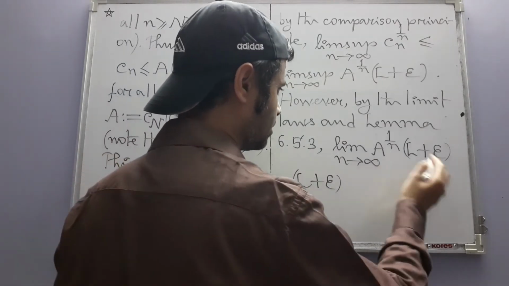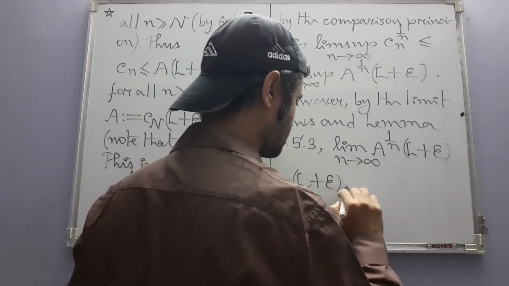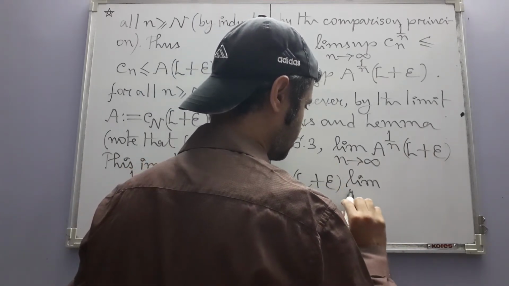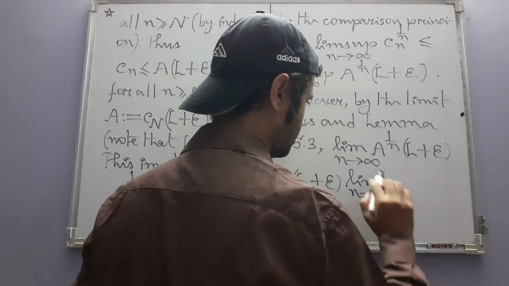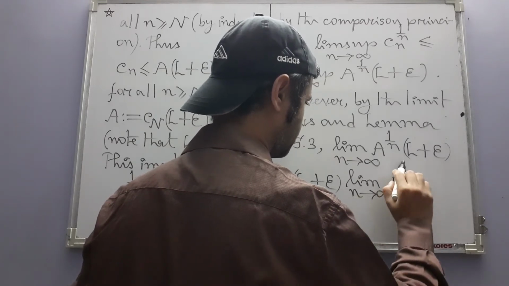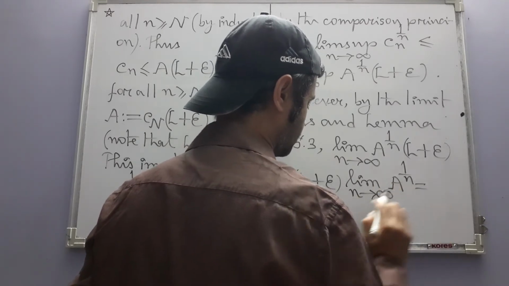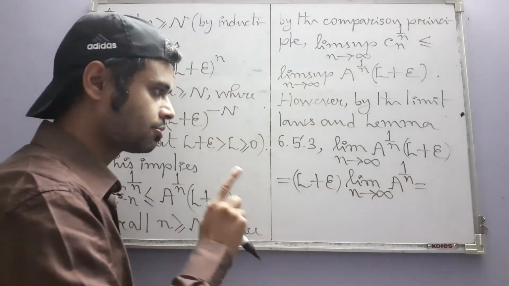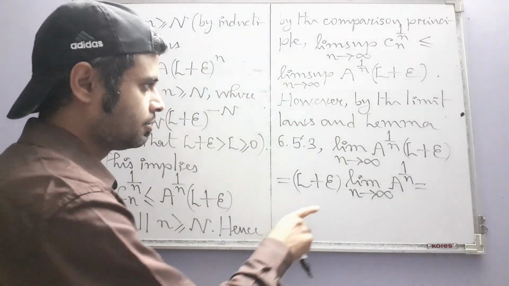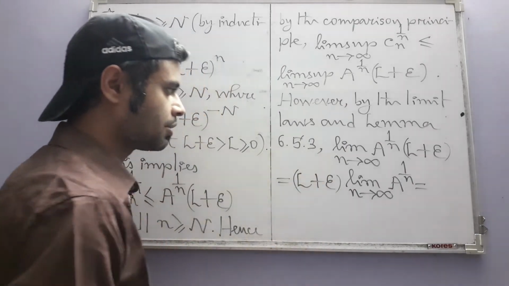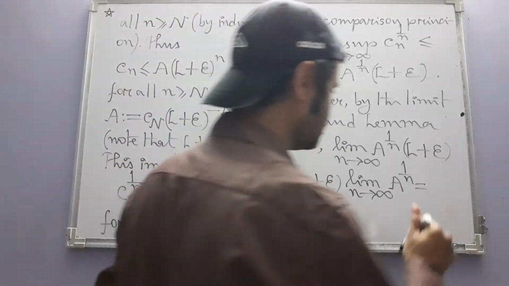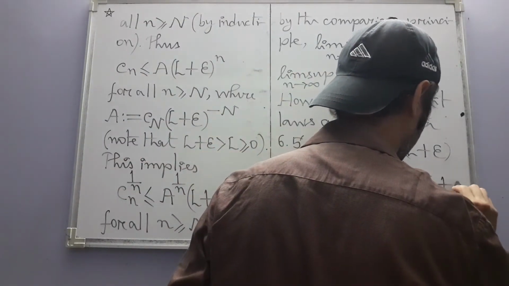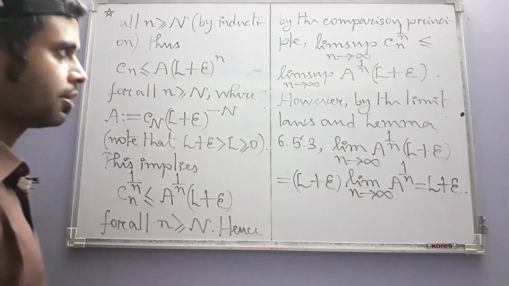The fact that you can bring L plus epsilon outside is where we are using the limit laws, one of them. And the fact that this limit is actually equal to 1 is what lemma 653 is all about. So that means this is equal to L plus epsilon.